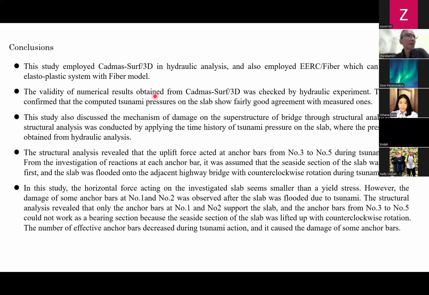Okay. And these studies also discuss the new mechanism of damage on bridge superstructures through structural analysis.